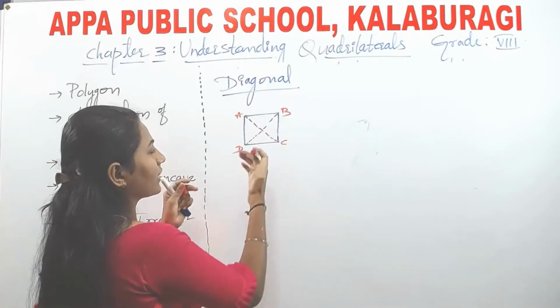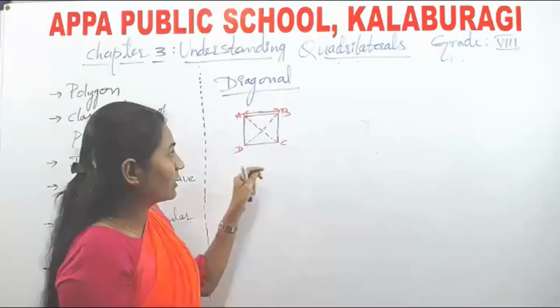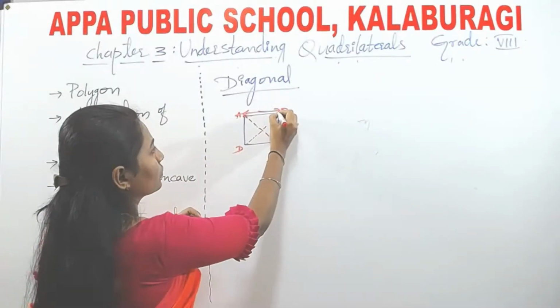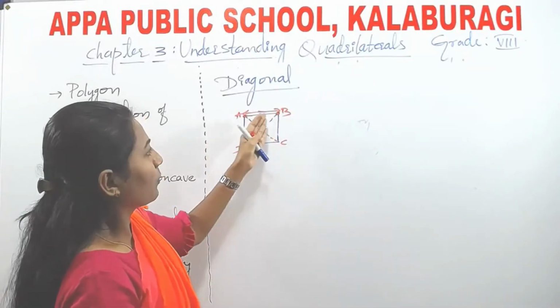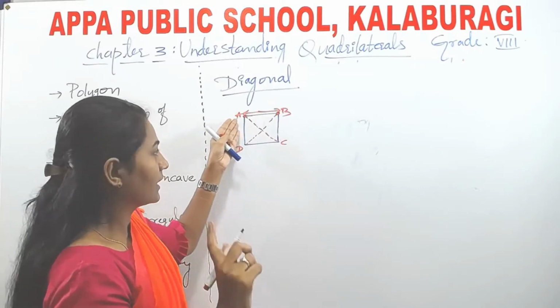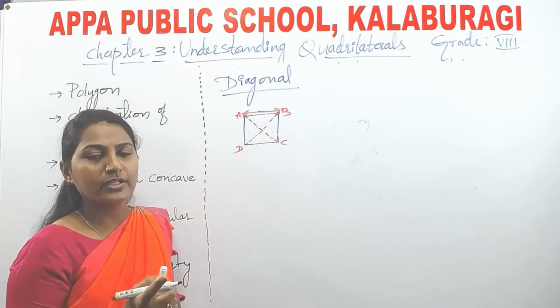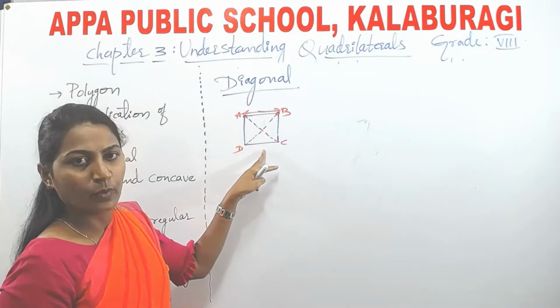I cannot draw a diagonal from A to B. Point A is directly joining to the very next point, which is B. So I can say point B is adjacent to the point A. So the condition for a diagonal should be, a line segment should join any two non-consecutive vertices of a polygon.